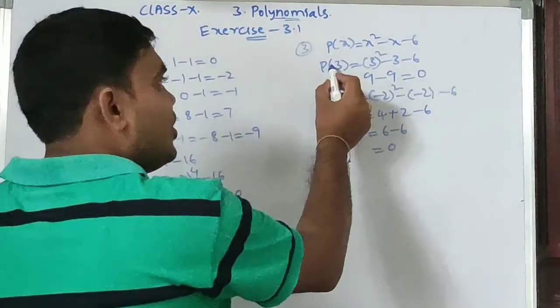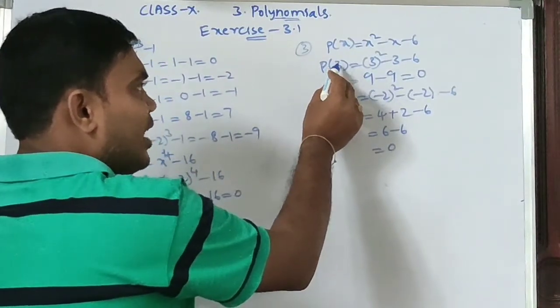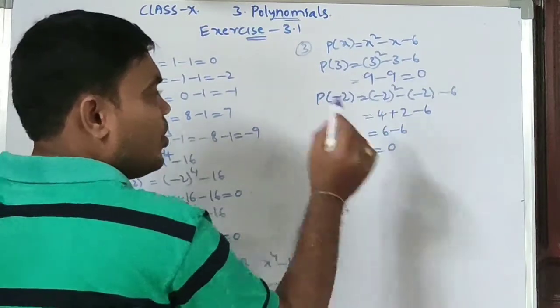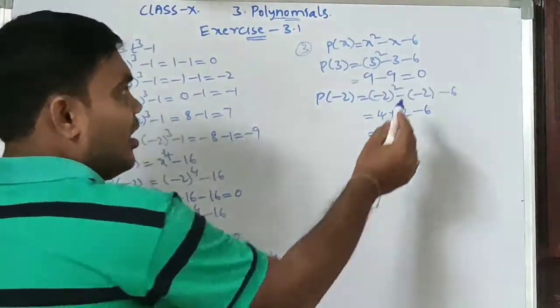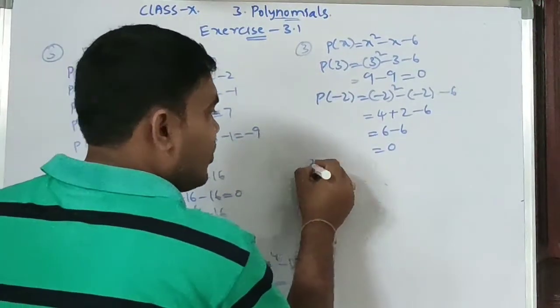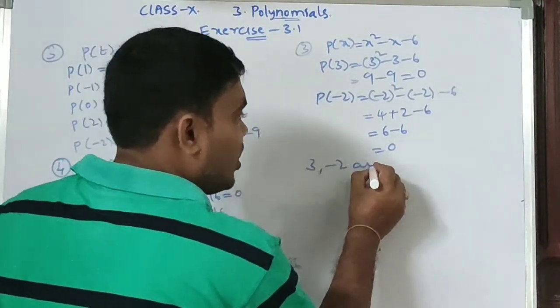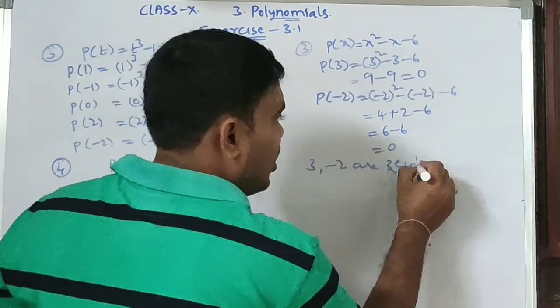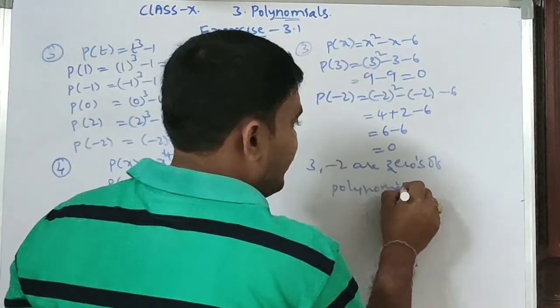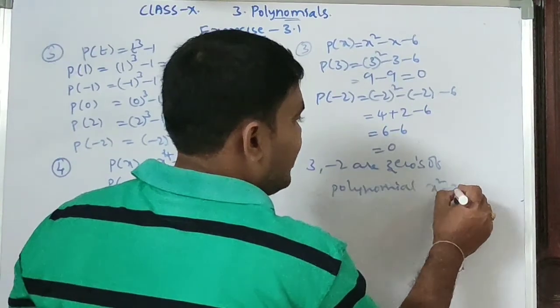So if we are substituting x equal to 3, we are getting 0. If we are substituting x equal to minus 2 also 0. So thus we are getting zeros. So 3 and minus 2 are the zeros of the polynomial. 3, minus 2 are zeros of polynomial x square minus x minus 6.